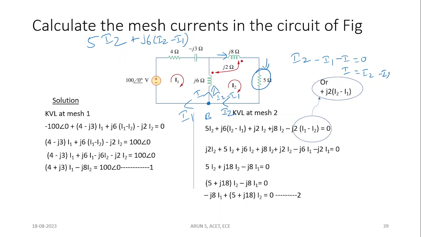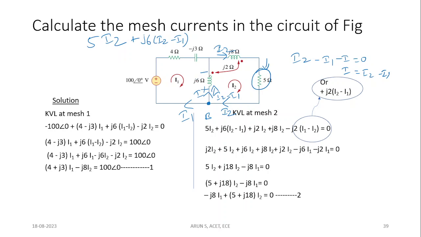Through J8 there is a current I2, flowing in this direction through the coil. So it will be generating a voltage across J6 in this direction. It is entering undotted, so the generated voltage positive will be at the undotted terminal and negative will be at the dotted terminal. So plus, minus.